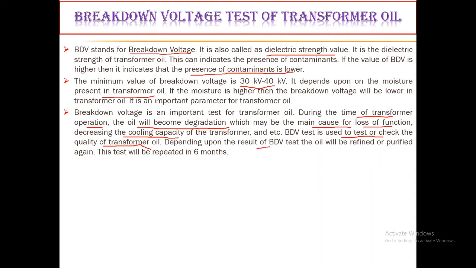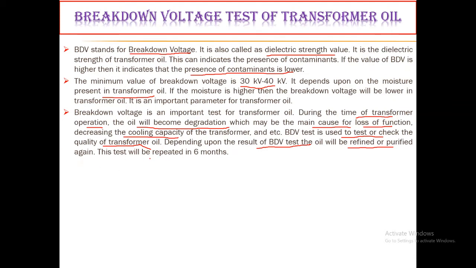Depending upon the result of the BDV test, the oil will be refined or purified again. If after the purification the breakdown voltage is not achieved as per the expected value, then you have to replace that transformer oil.